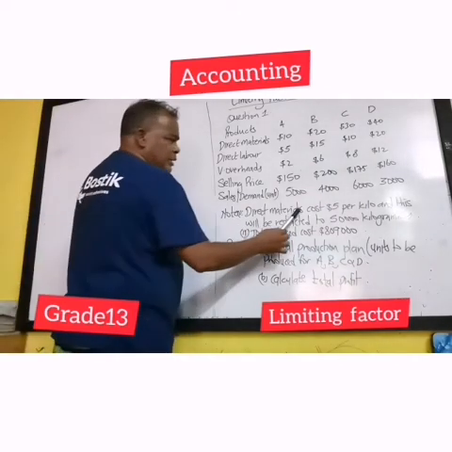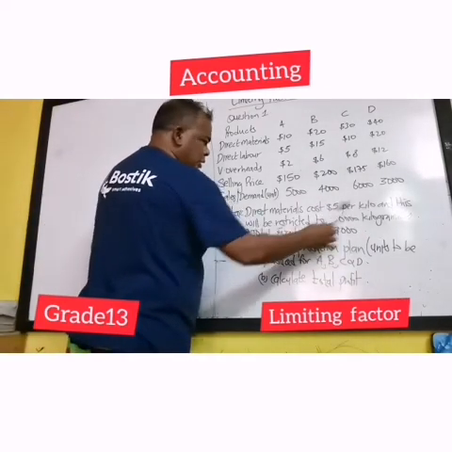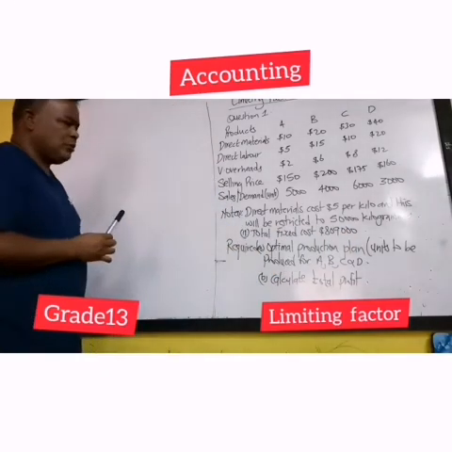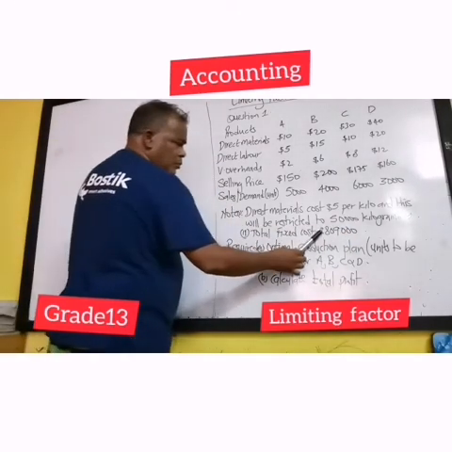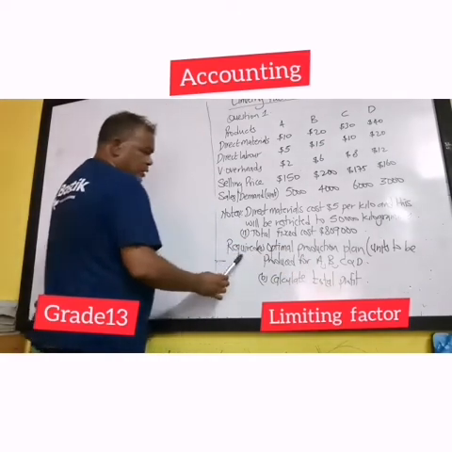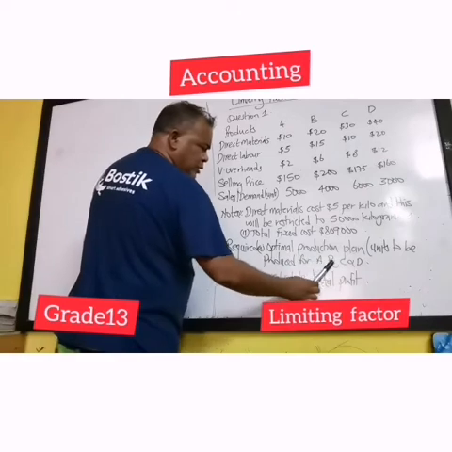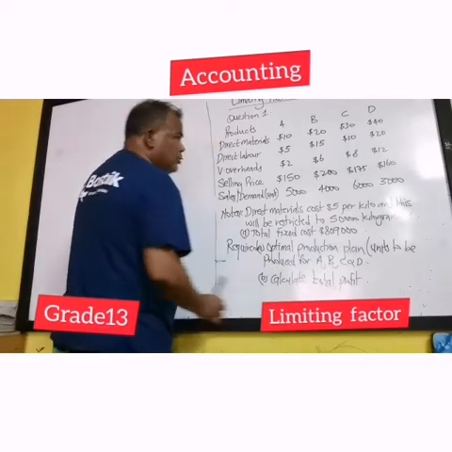Note, direct material cost $5 per kilo, and this will be restricted to 50,000 kilograms. Total fixed costs $109,000 required. Optimal production plan, units to be produced for A, B, C, and D. Calculate total profit.